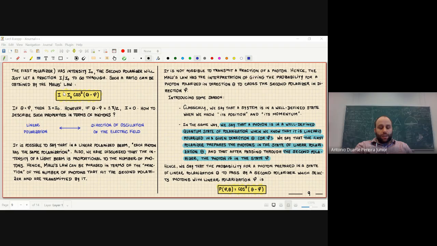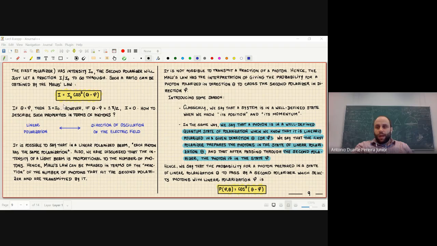So what this equation is showing is that I divided by I naught is the probability, and be careful with what I'm going to say, for a photon that is polarized in direction theta due to the first polarizer to cross the second polarizer in direction phi. So this is how I interpret this equation in terms of photons.